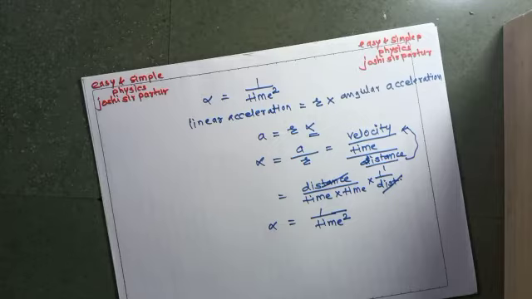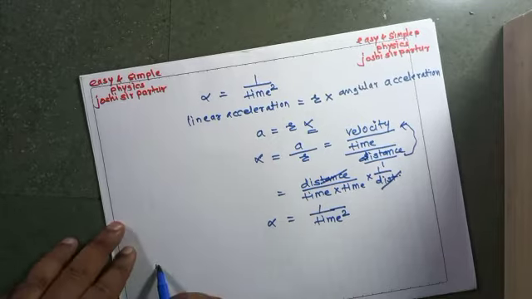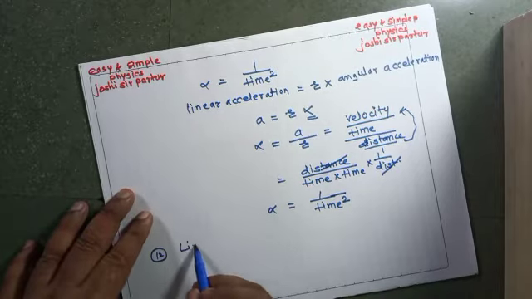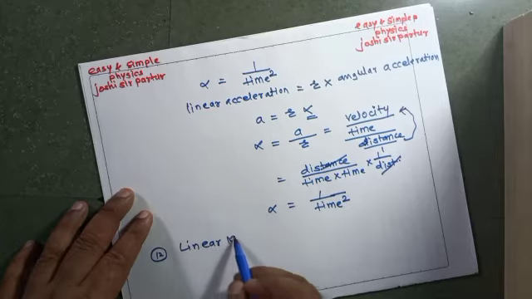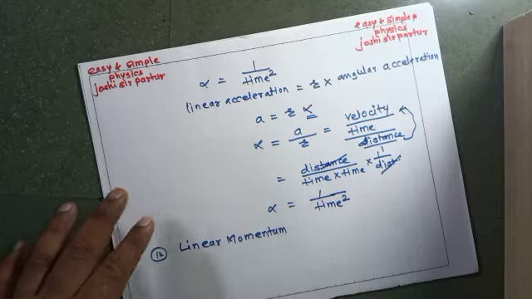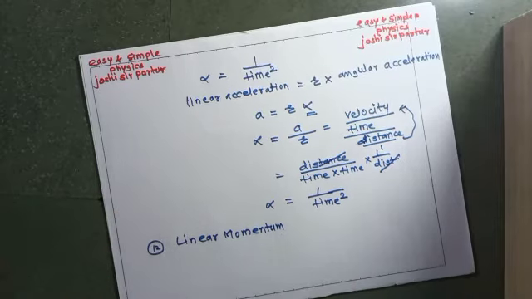Next, the 12th physical quantity is linear momentum. If a rubber ball strikes a wall, it collides with the wall and is repelled from the wall.